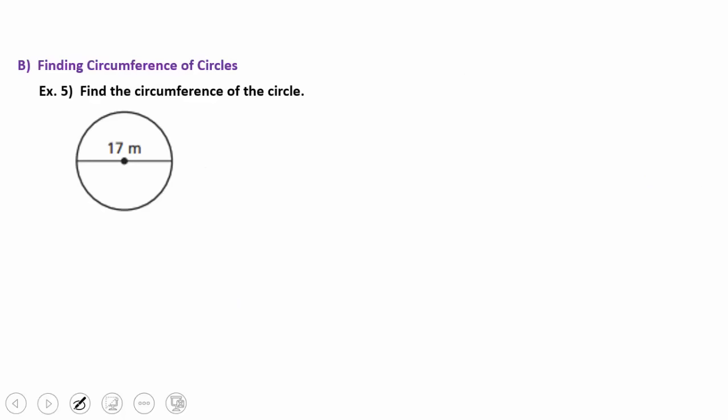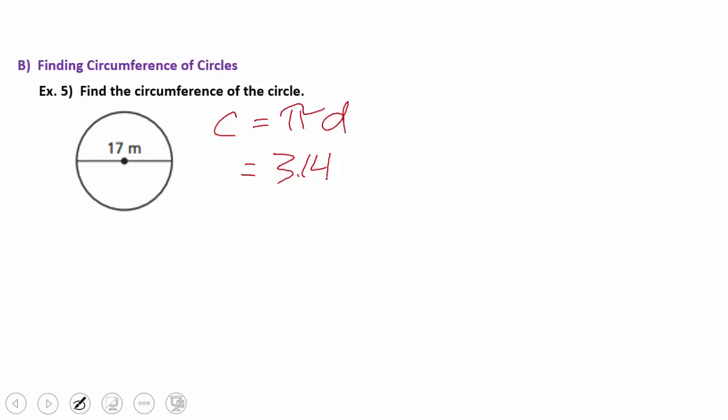In the first one, you see a circle and it shows us the diameter. The reason I know it's a diameter is because the line goes all the way across the circle, passing through the center. So I can use the formula, circumference is equal to pi times the diameter. Now all I have to do is plug and chug. We're going to approximate pi using 3.14. Please do not use the pi button.